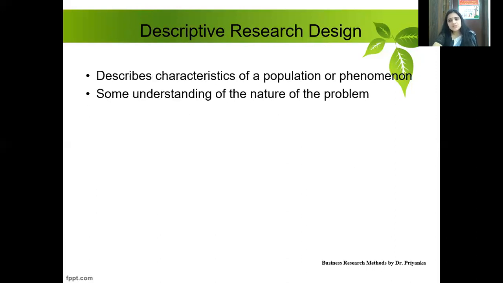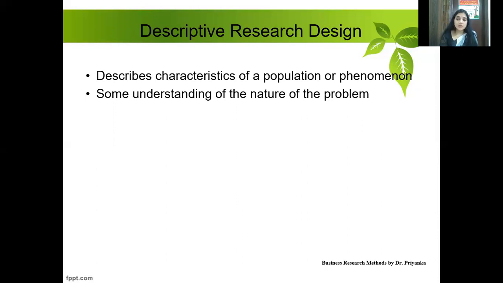Then descriptive research design. This is generally conducted after exploratory research design. It describes the characteristics of a population or phenomena and gives some understanding of the nature of the problem as well. This is one step ahead of exploratory research design. It would tell you some basic characteristics of the variables you have taken up in the problem. For example, you want to know the average profits of the company over 10 years.